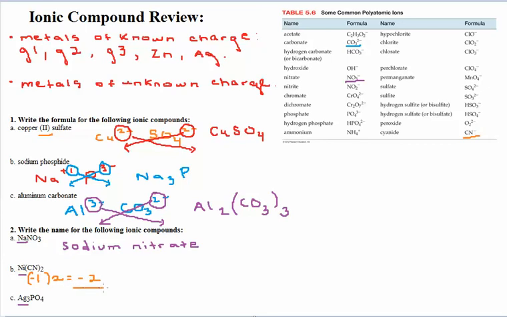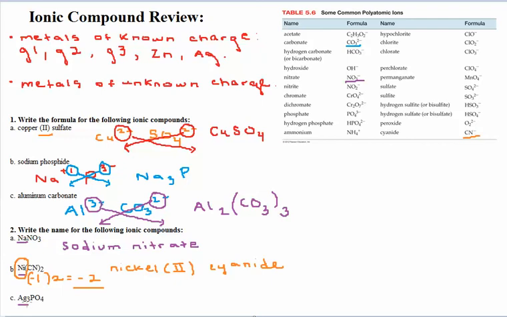To cancel out this -2 charge, I know that nickel must have a +2 charge. So when I'm writing the name for this compound, I've got to include the charge for nickel because I can't tell it by looking at the periodic table. So I'm going to write nickel, charge is +2, so II, and then CN is cyanide. And that's it.